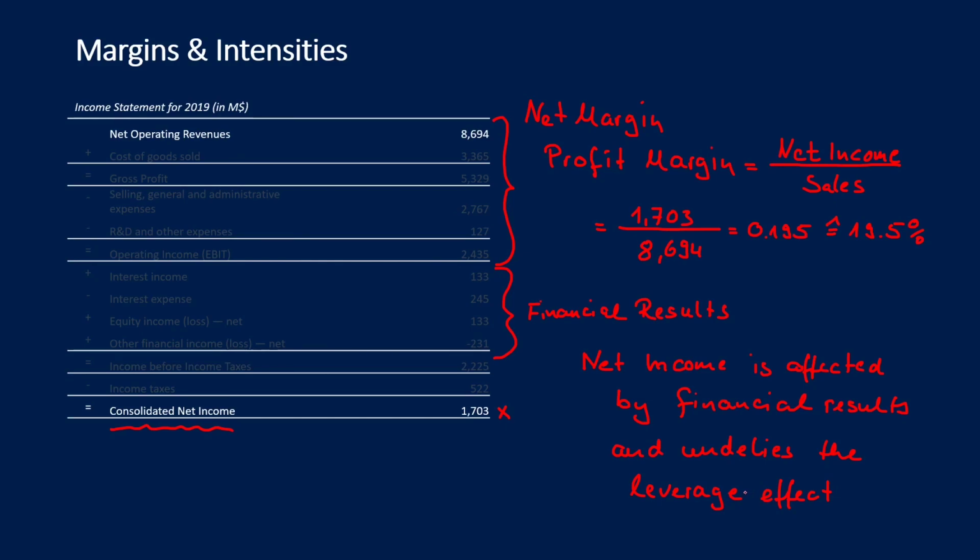In one of the forthcoming videos, I'm going to repeat what the leverage effect is and what the formula for that is. And I will show a better alternative than the net margin.